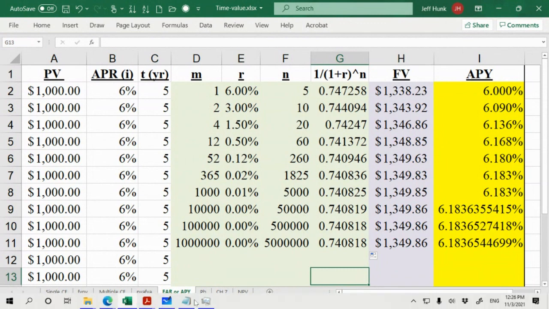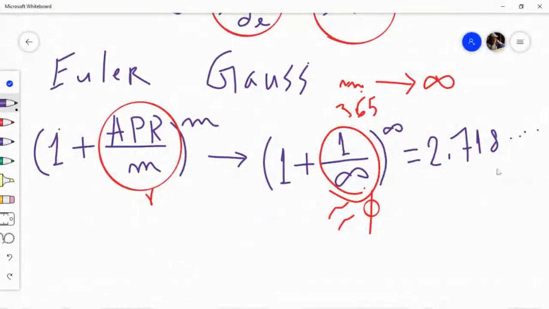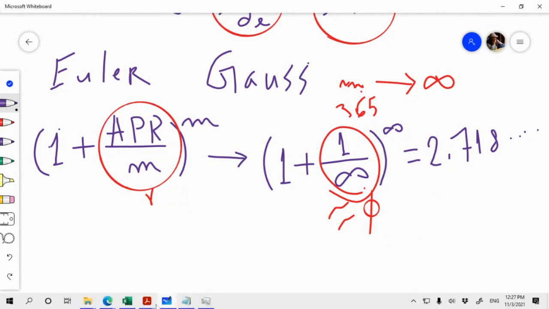I'm trying to show that eventually, it's 1 plus 1 over n, raised to n, and it's going to approach 2.718.